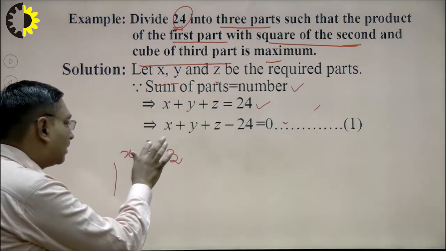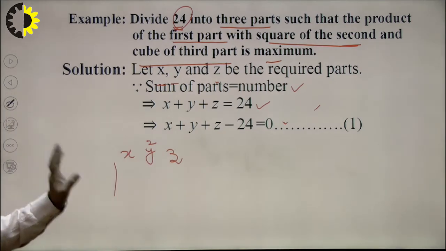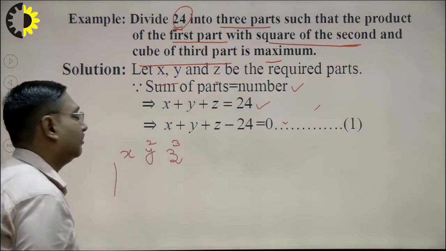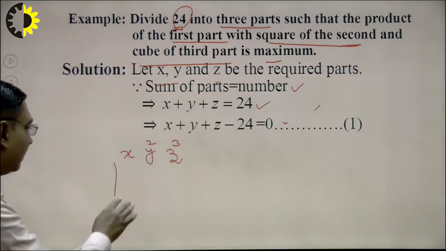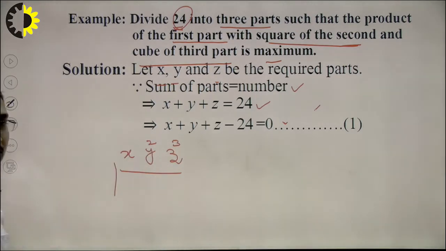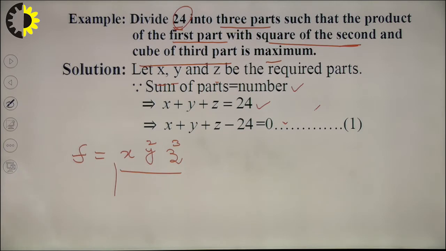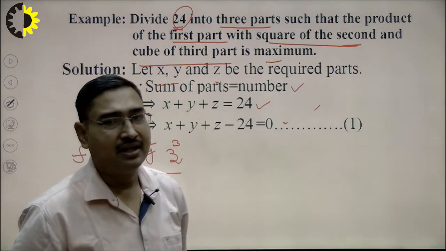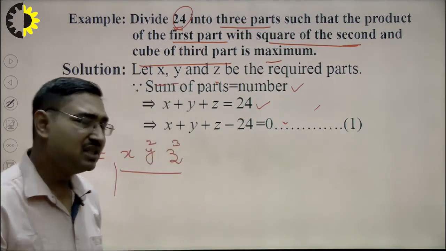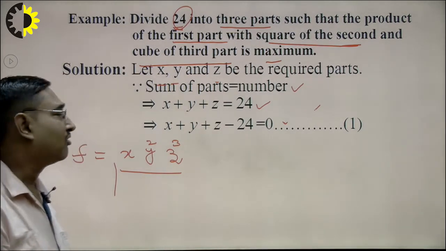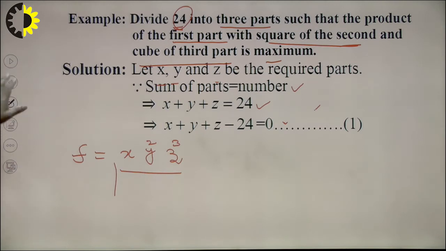First part is x, square of second part will be y square, cube of third part will be z cube. This quantity x y square z cube is to be maximized. So I will assume this quantity to be f. The quantity which is to be extremized, that is maximized or minimized, will always be taken as f, and the other quantity which is constant, given or fixed will be taken as phi, or will help us to construct phi.